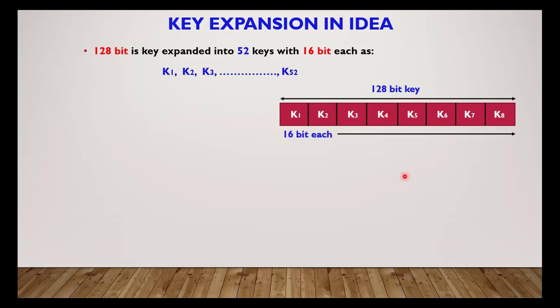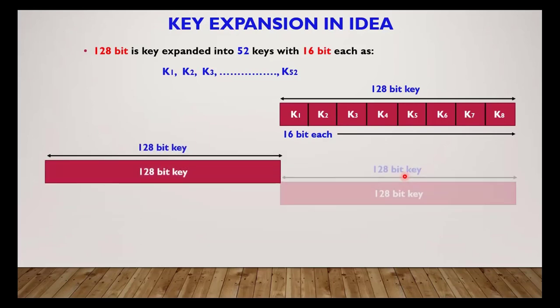Then, if you want to generate k9 to k16, you have to take a left circular shift of 24 bits. That is, the new key, k9, will start at bit number 25. When you shift towards the left side, you start your ninth key at bit number 25, wrapping around to the beginning, and you will have this kind of structure.